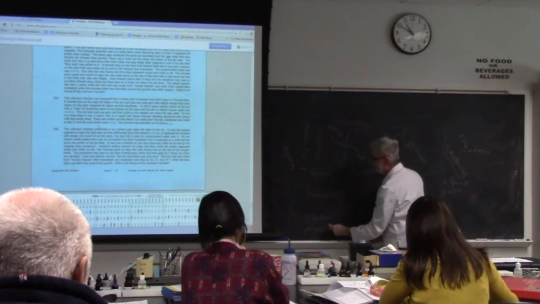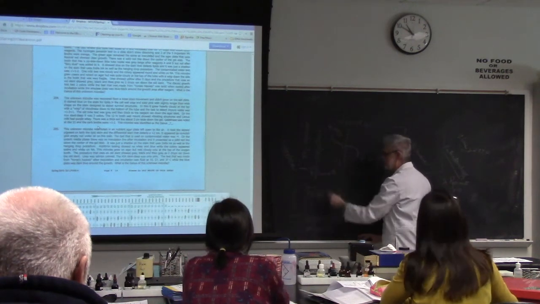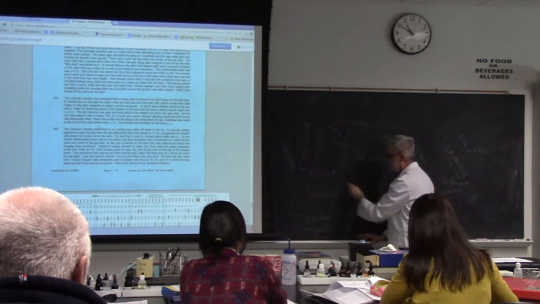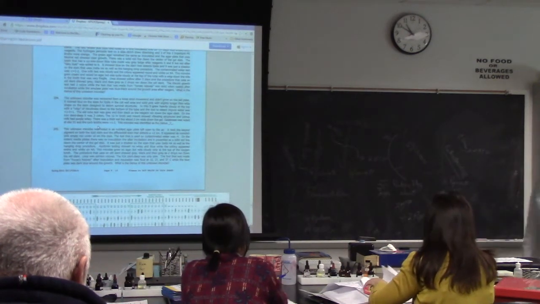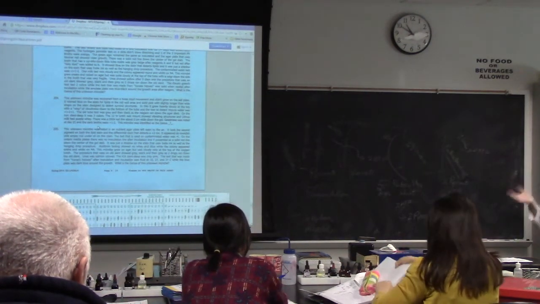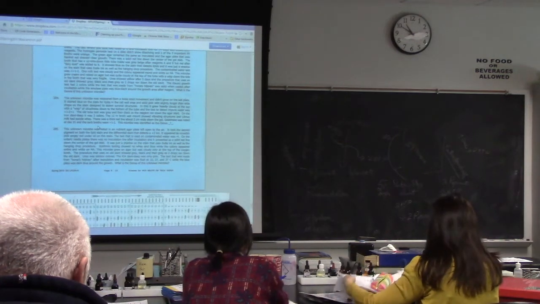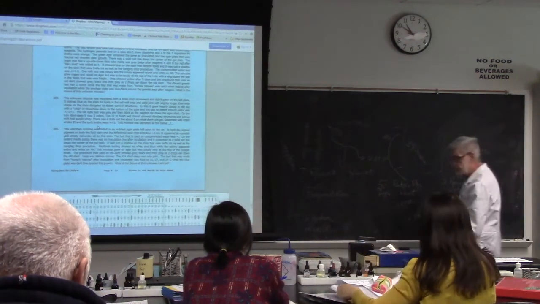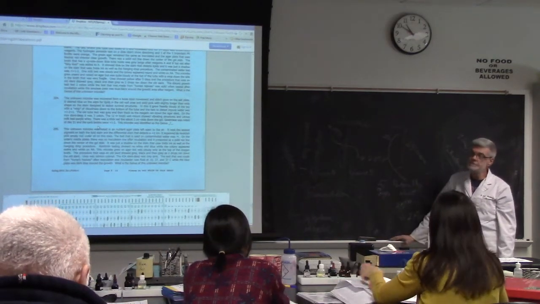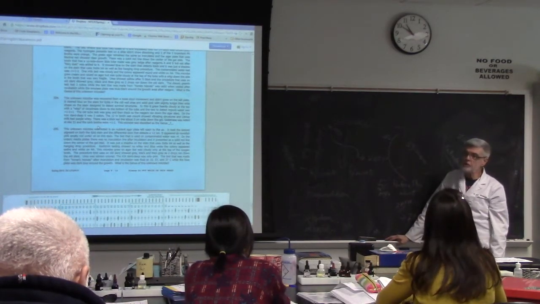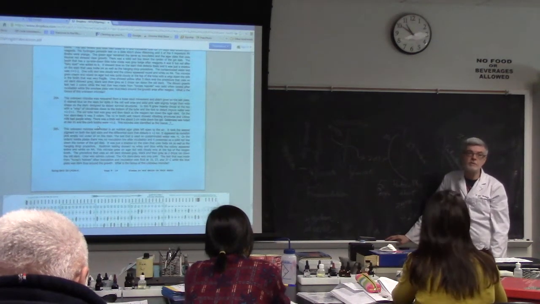Remember, we have 11 pathways of bacterial fermentation: the 2,3-butanediol pathway, your VP test, which is Enterobacter; the mixed acid fermentation pathway, which is E. coli; the butyric pathway, which is Clostridium; and so forth.